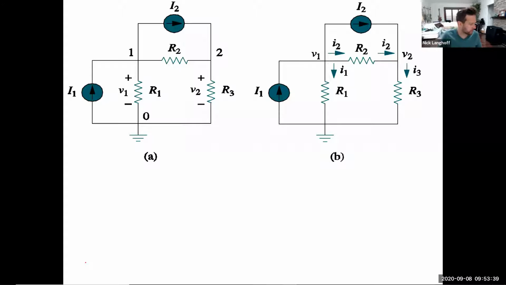We're interested in the voltages V1 and V2 across R1 and R3, and a couple of nodes have been labeled for us. Node 1, which we're going to call V1, and node 2, which we're going to call V2.